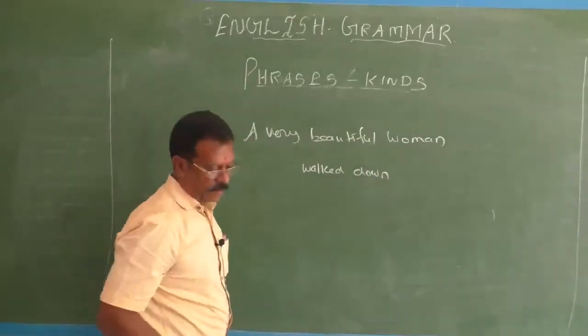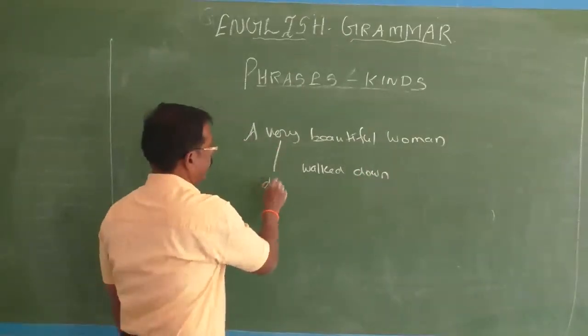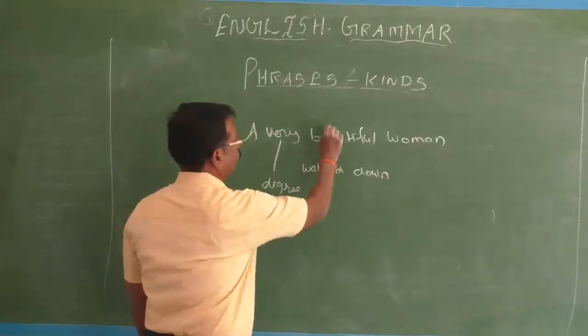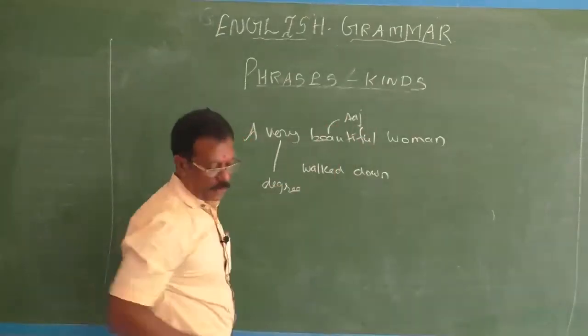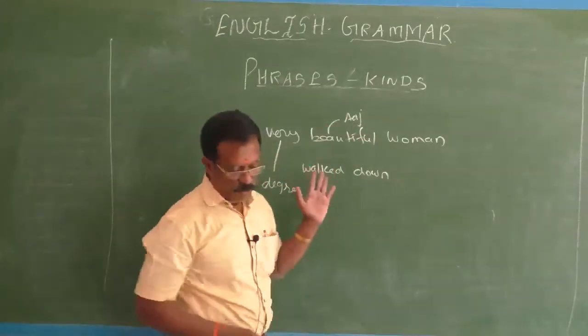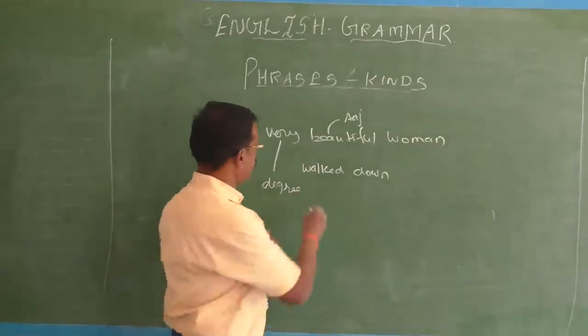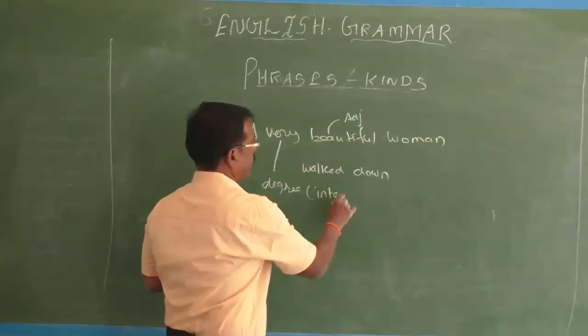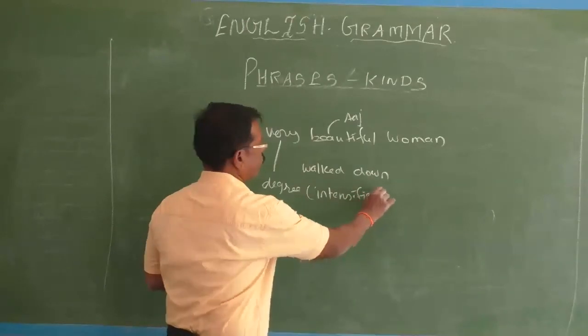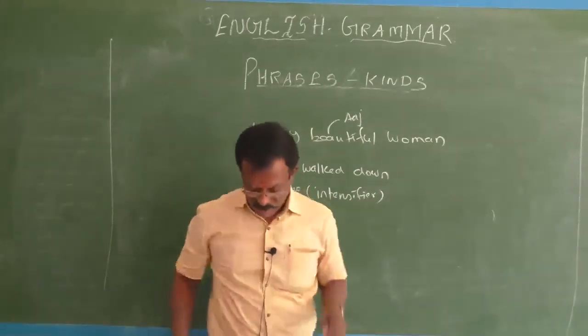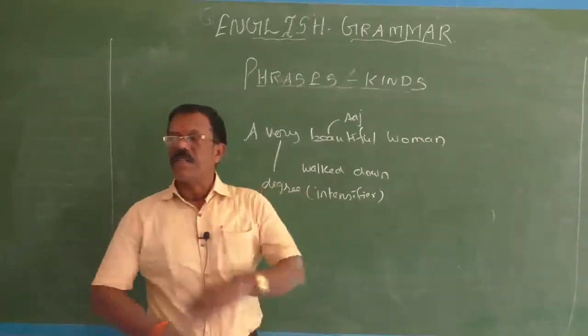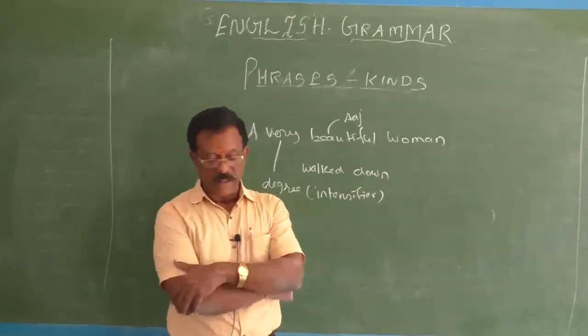In the example, very is a degree, beautiful is an adjective, and woman is a noun. Very is also a degree intensifier. So, degree means intensifier, and that is also possible. You may have such an intensifier in an adjective phrase or group.